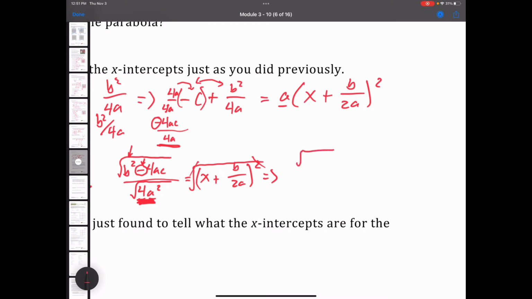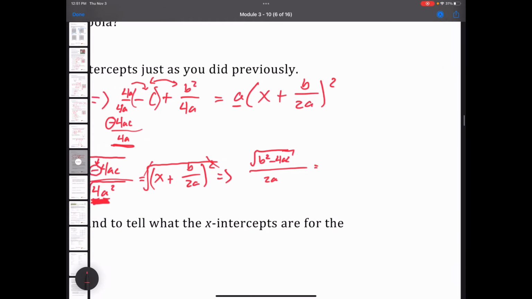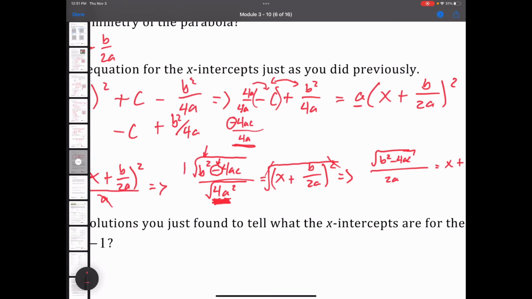So it's just going to be the square root of b squared minus 4ac, all over the square root of 4, which is 2, and the square root of a squared, which is a. And I get that equal to x plus b over 2a. Oh, I forgot something. Plus or minus when I take the square root. So I've got plus or minus, right?